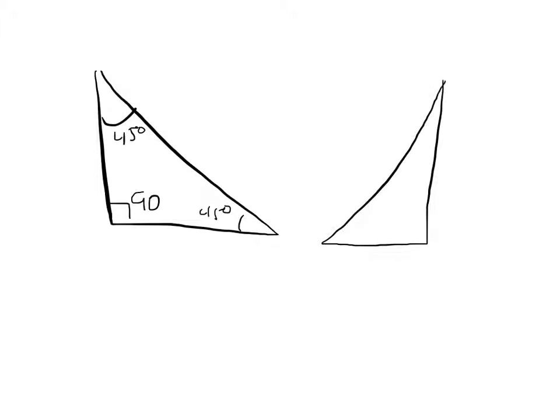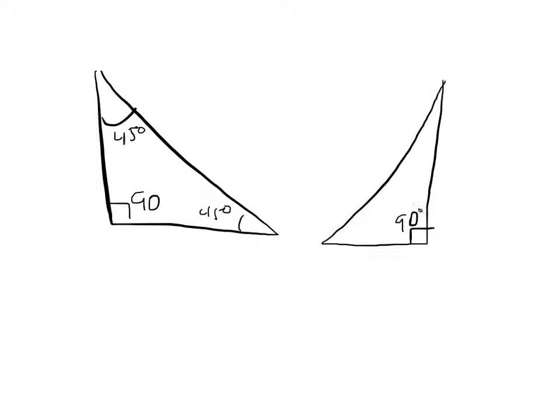Example 1 asks us to draw the two special right triangles from the beginning of this lesson and indicate the measure of each interior angle. So again, we're drawing it as though it's half of this, and this would be 90, 45, 45. And this is half of an equilateral triangle.